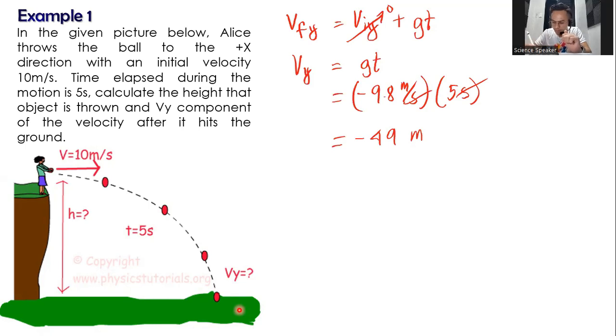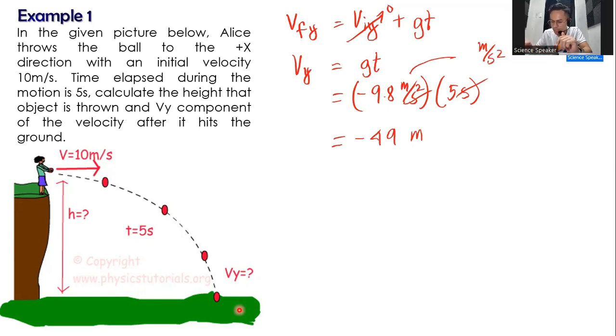Sorry, I made a mistake. I forgot the squared there. I would like to remind you: the unit is meters per second squared times second.